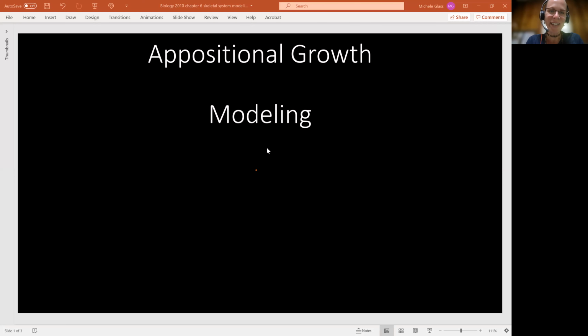Michele Glass here. Last time we talked about how bones increase in length, and now we're going to talk about how bones increase in thickness or density. So what we're talking about here is appositional growth, which is an increase in density or thickness of the bone.